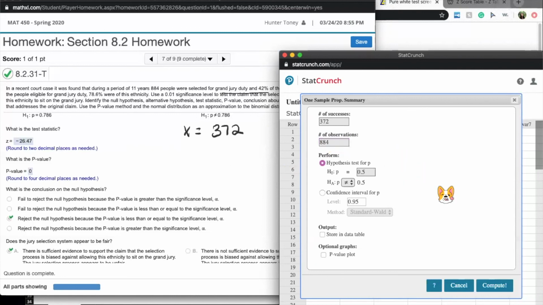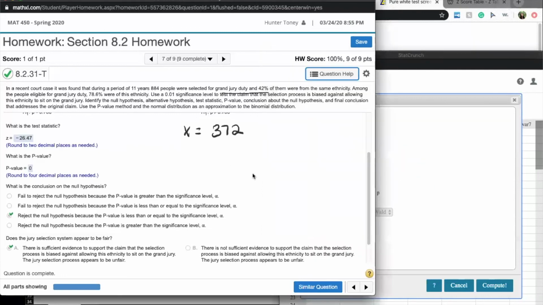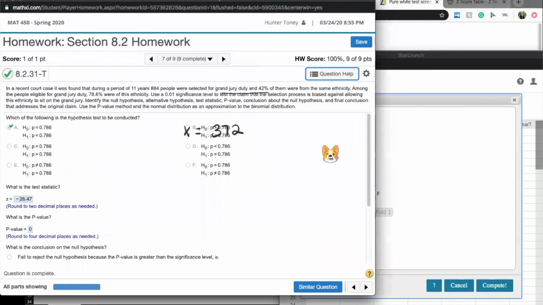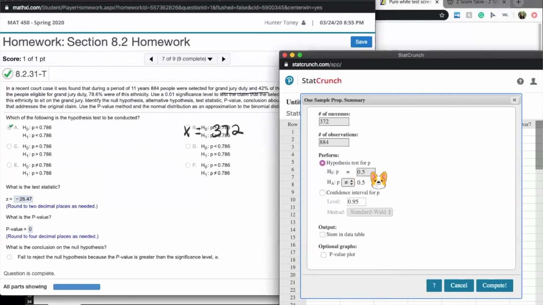Then we can set up our hypotheses to be the same as our problem. Our null hypothesis is our probability being equal to 0.786, and our alternative hypothesis would be if it's less than 78.6%.